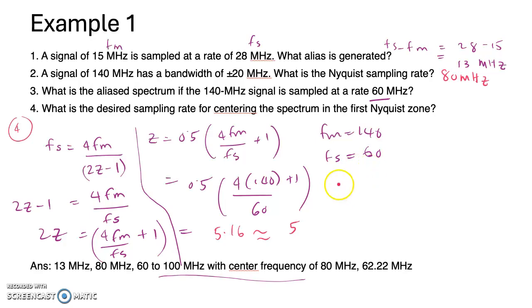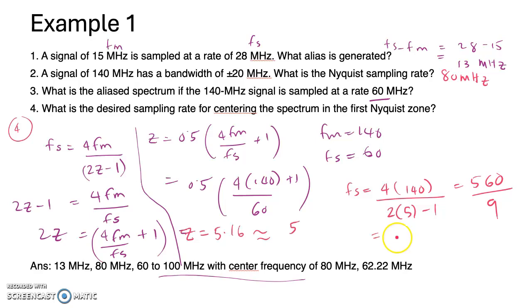Now I'm going to plug in this Z value of 5 into the Fs equation. So 4 times 140 divided by 2 times 5 minus 1. This is 560, I think, divided by 10 minus 1, which is 9. So 560 divided by 9 would give me a sampling rate that will place my alias signal in the first Nyquist zone. The sampling frequency should be 62.22 megahertz.